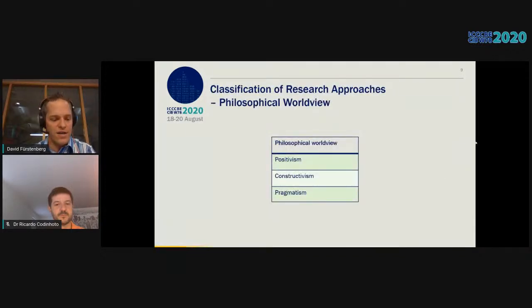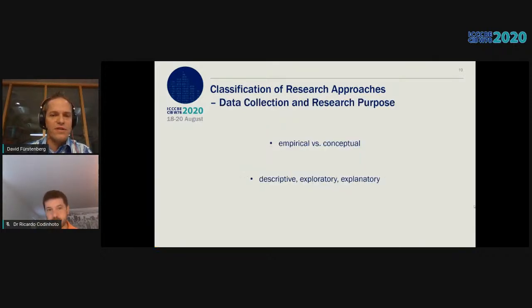I used a framework based on research approaches, and I used 3 philosophical worldviews: positivism, constructivism, and pragmatism. And as a form of data collection, I used empirical versus conceptual, and the research purpose, which I analyzed, was descriptive, exploratory, or explanatory.